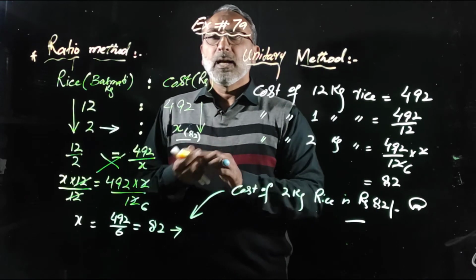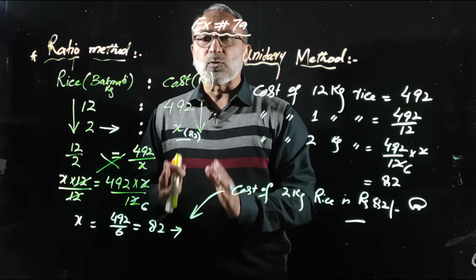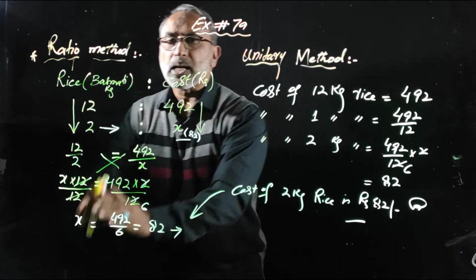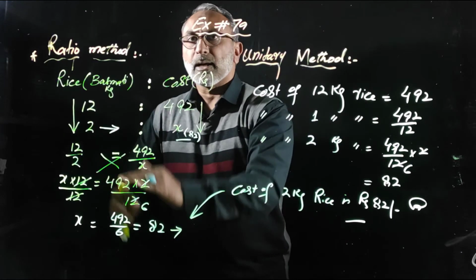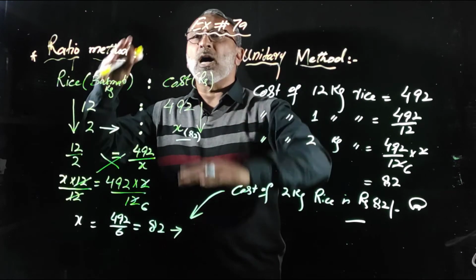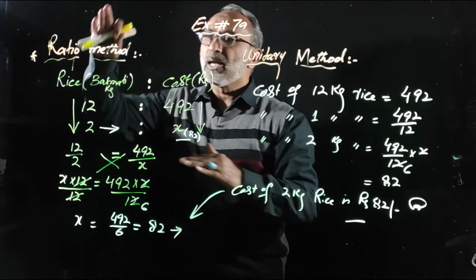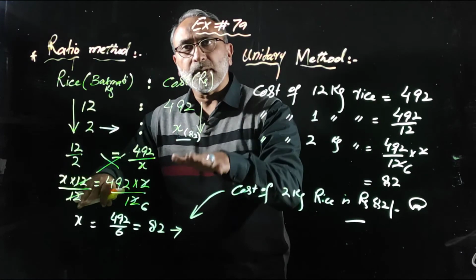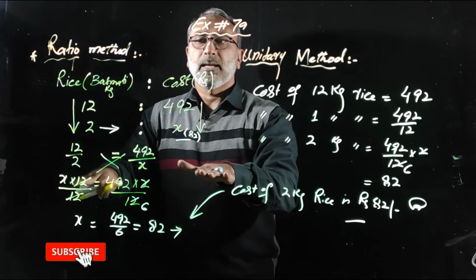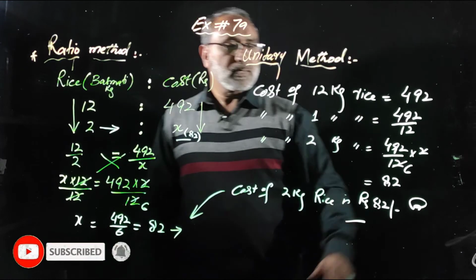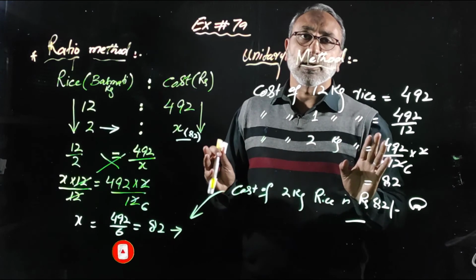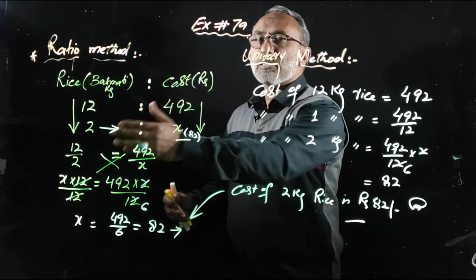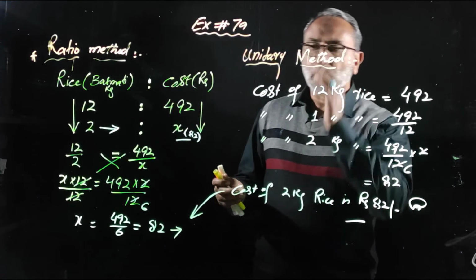So my dear students, exercise 7a, you can solve these questions. You may adopt any one of the methods. In the ratio method, you take one quantity as rice, the other as cost in rupees, and see which is directly or inversely proportional. It is directly proportional, meaning if we take less kg of rice, the rupees will also be less. So it is direct. Applying direct proportion, the answer should be the same. The answer will not be different, because the method is different, but it cannot be that the answer for 2 kg comes different here and there. Basically both have the same answer.